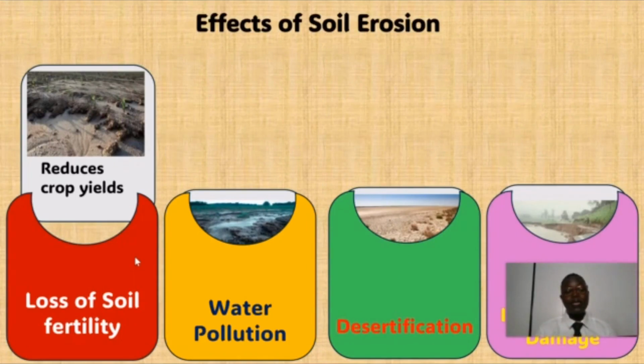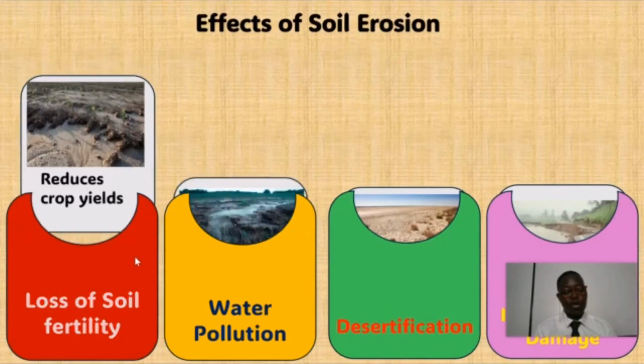It normally leads to sweeping away of some nutrients, making the soil lose its fertility. This can lead to reduced crop yield, such that when you plant on that particular soil that erosion has taken place, then the produce that you get at the end of the day may not be your expectation.